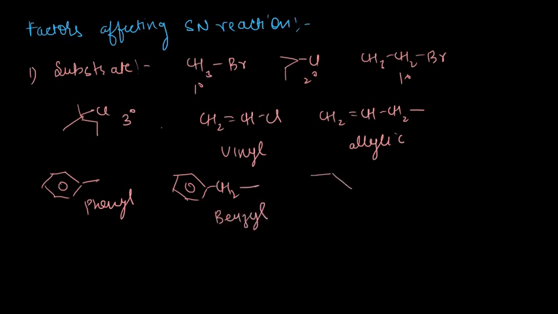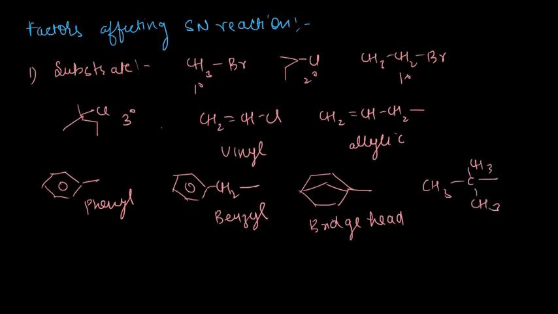This could be a bridgehead carbon, that type of bridgehead also. And it could be a tertiary butyl also. So these are the examples of which types of substrate are possible.